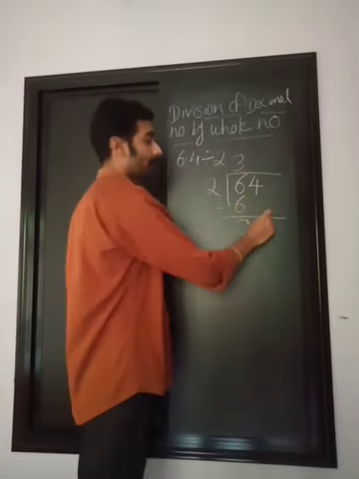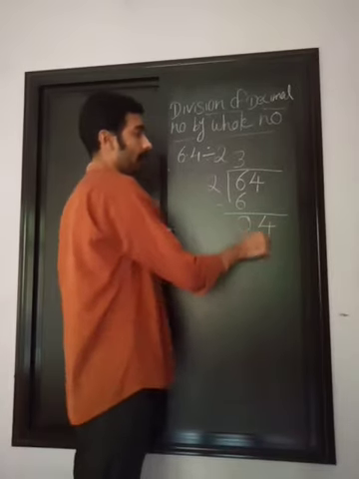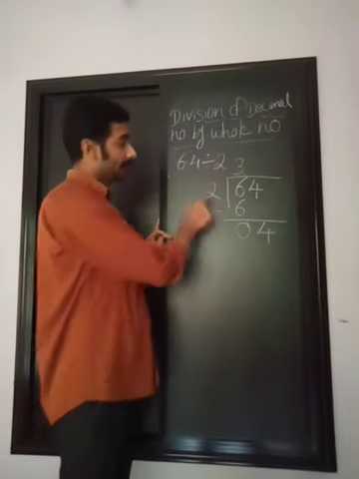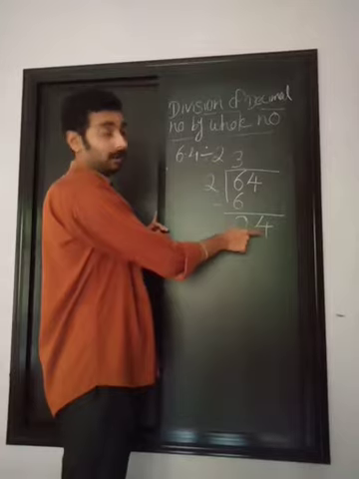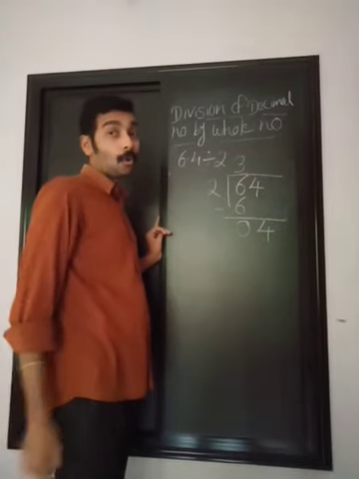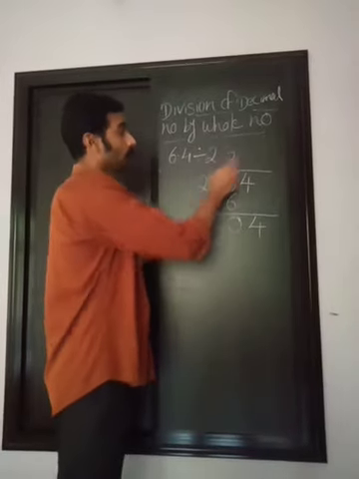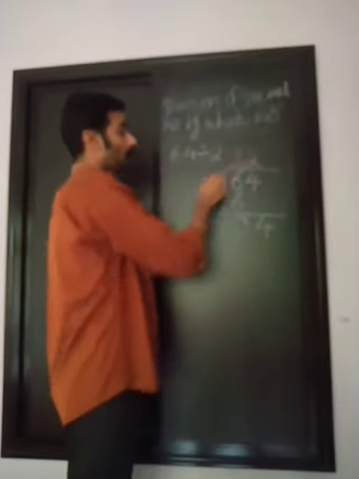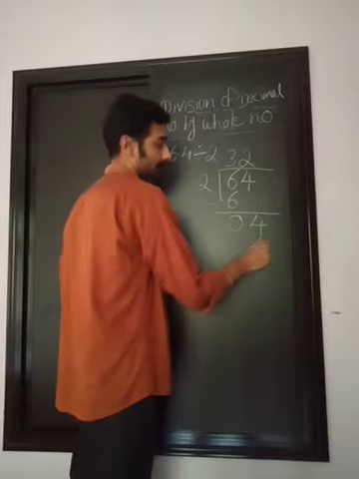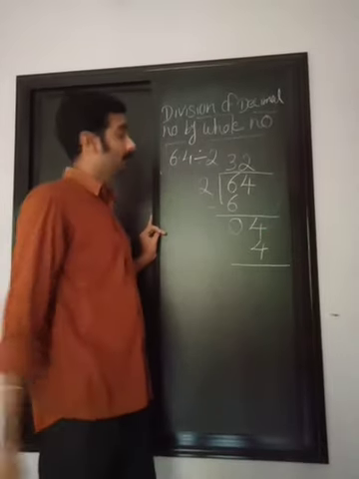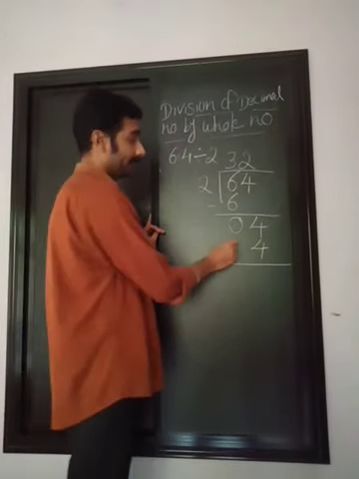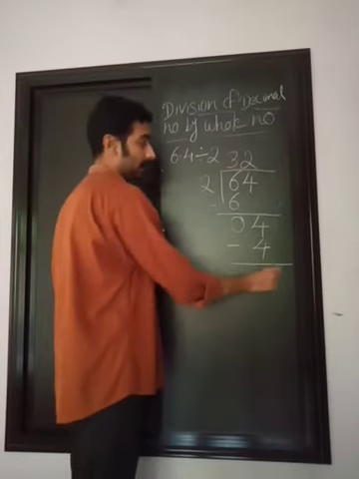And we write 4 below. In case of 4, 2 into 2 is 4. 4 minus 4 is 0.